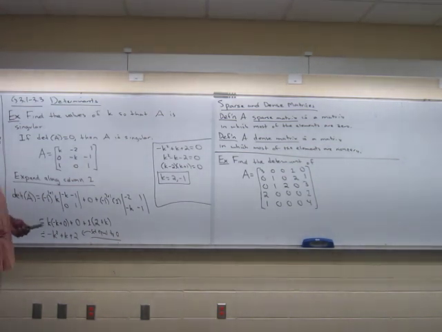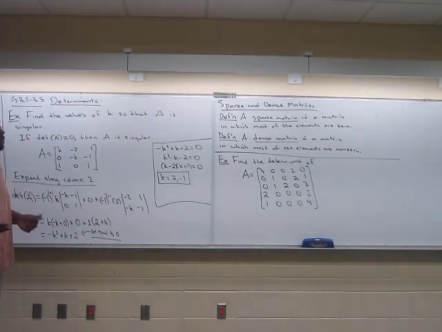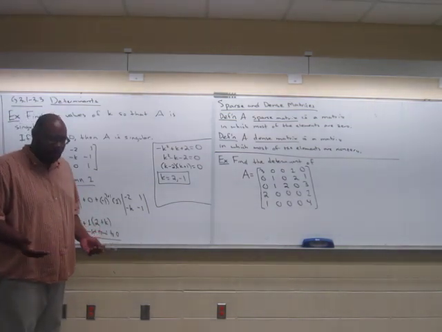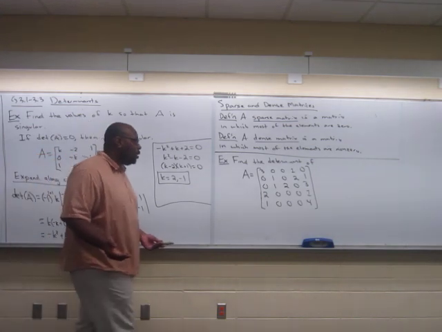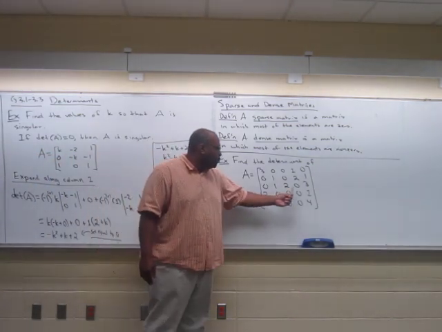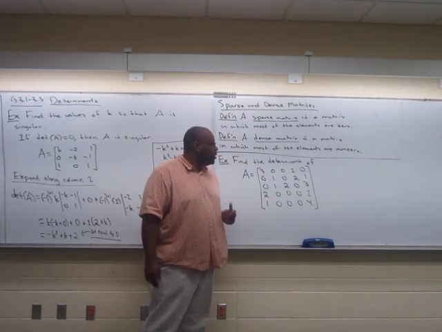Note that this is a 5 by 5, so this is a little bit bigger. Now we have to figure out what row or column we would like to use the cofactor method on. We have many options here. I'll tell you what is a bad option. Row 3 will be a bad option, because I have 3 elements that are non-zero.